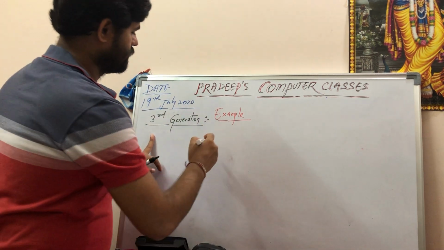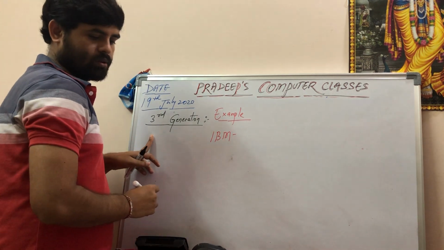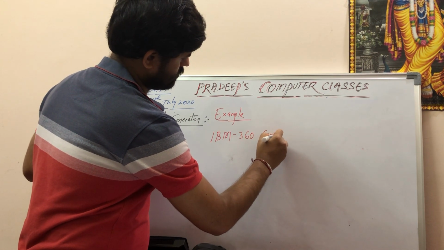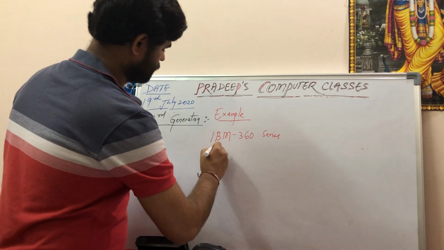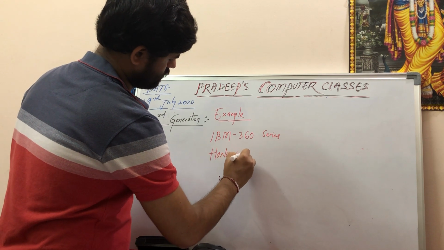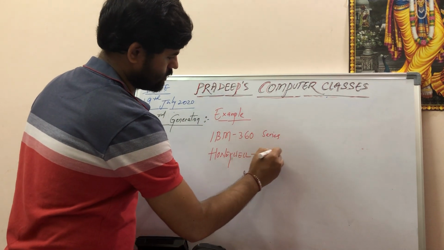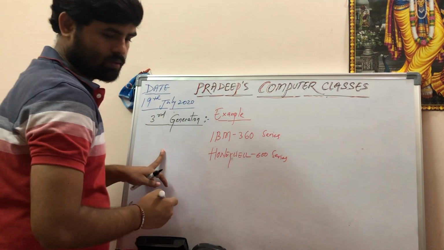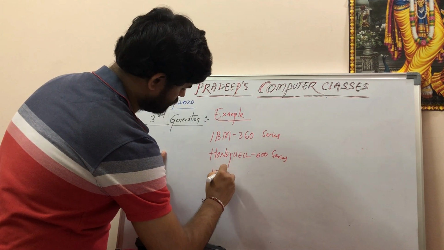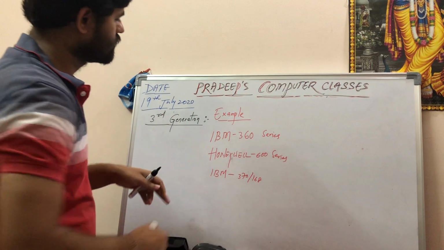Okay, so you can write it: IBM 360 series, Honeywell 600 series, and IBM 370 by 168. So these are some of the examples.